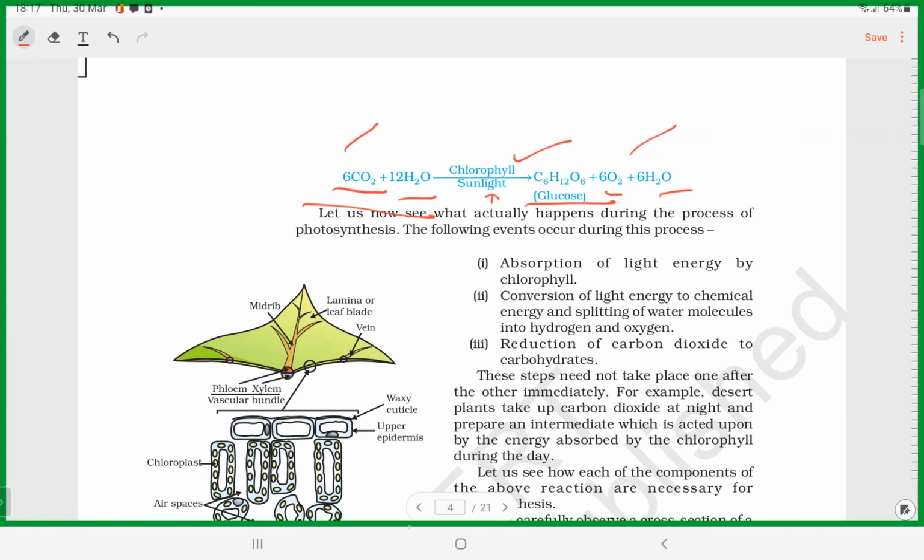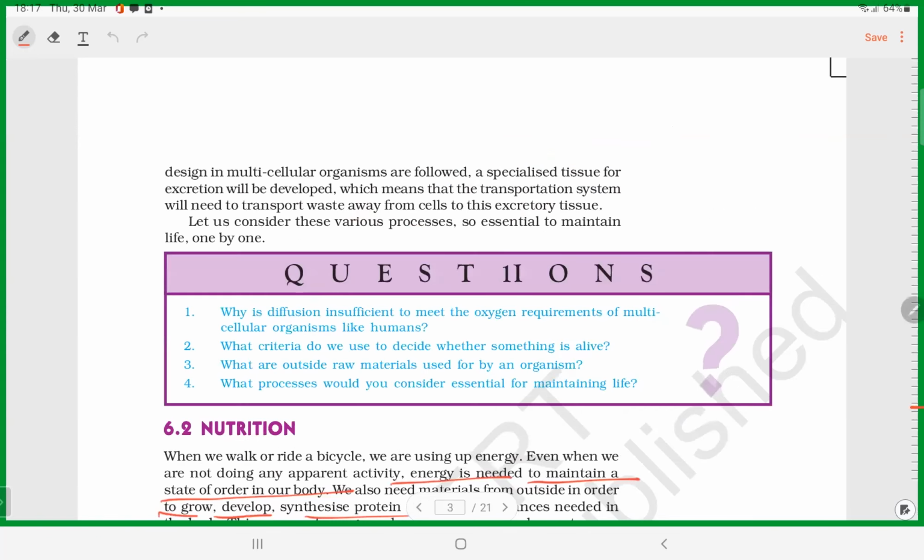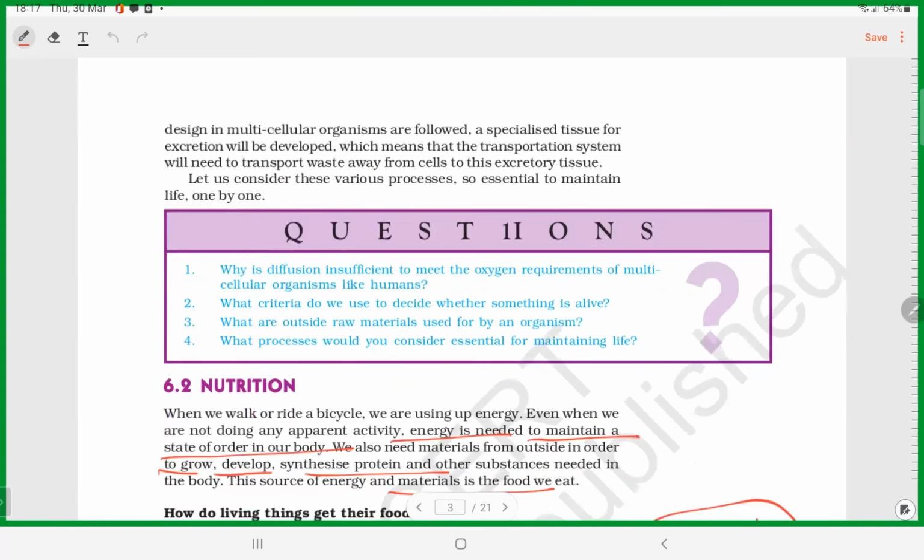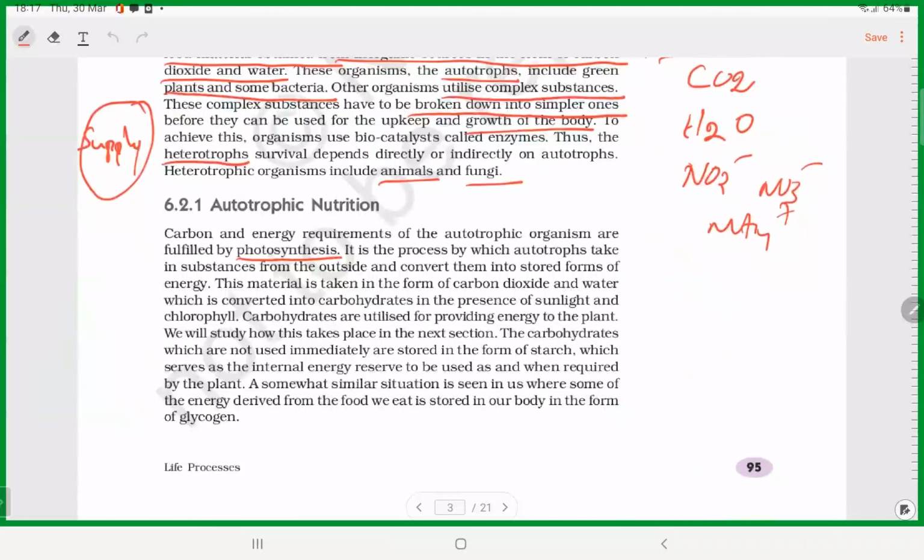Okay. Now, a little information you should understand.